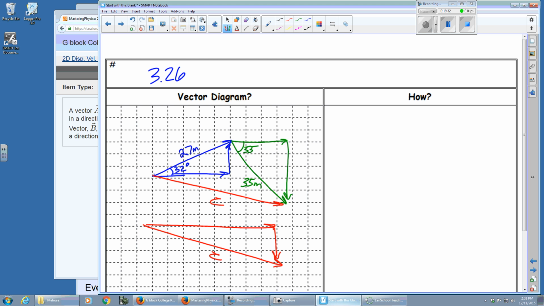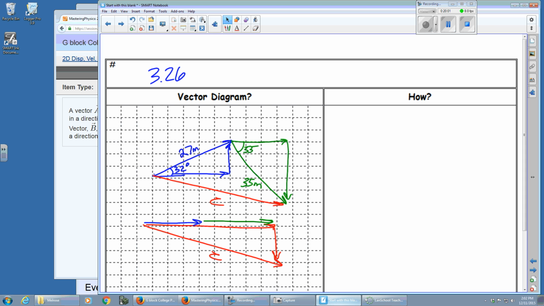So I'm going to add up my x components and get the x component of C, add up my y components and get my y component. In the x direction, I've got the x part of the 27 plus the x part of the 35, added together head to tail.